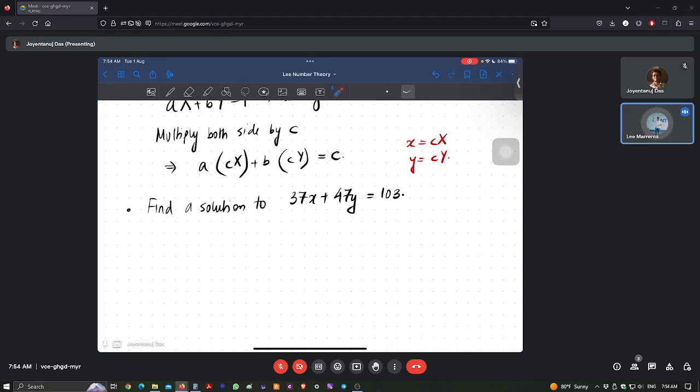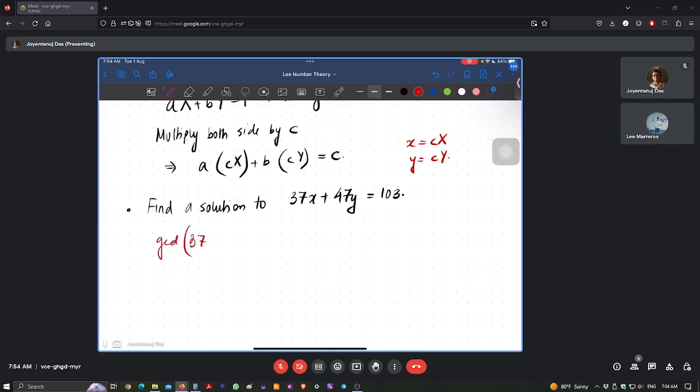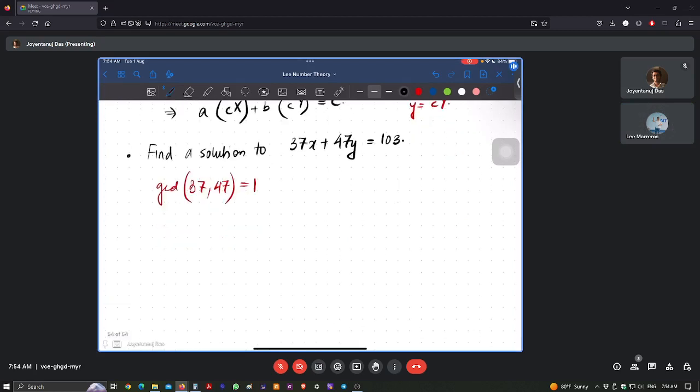Because they are prime numbers. So according to our previous result, we know that this has a solution. We have to find it. So first use the Euclidean algorithm. It will be 37 times something plus 47 times something equal to 1. That is what you have to find using the Euclidean algorithm.